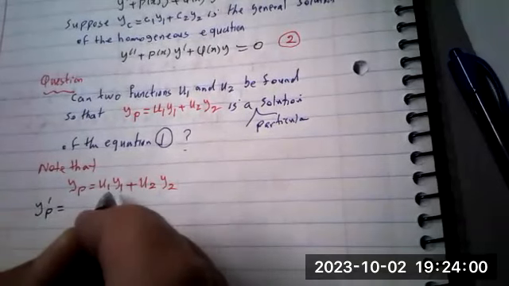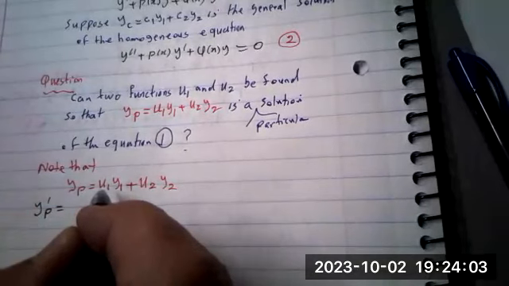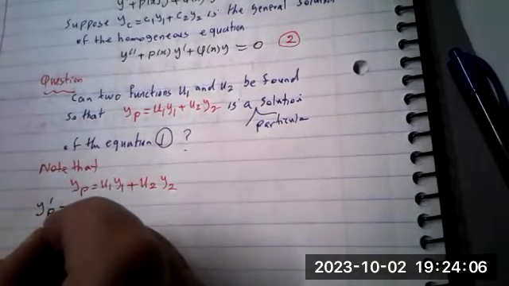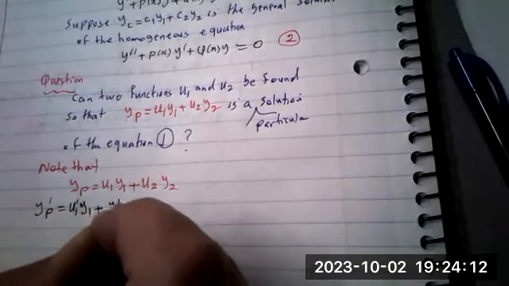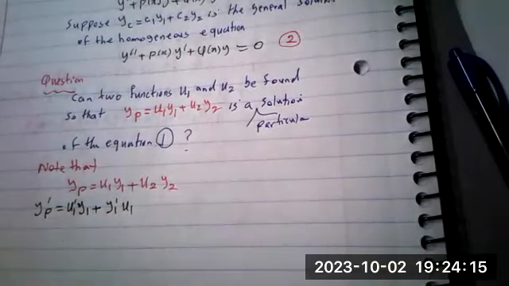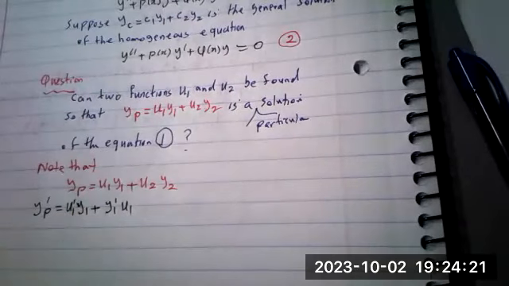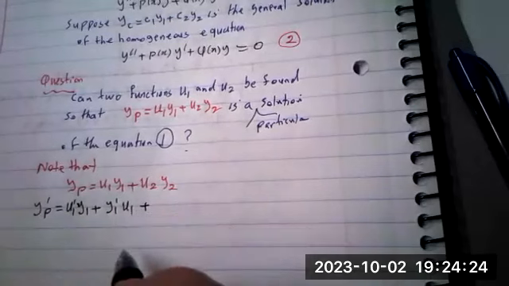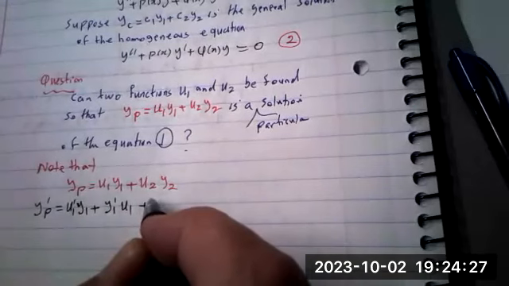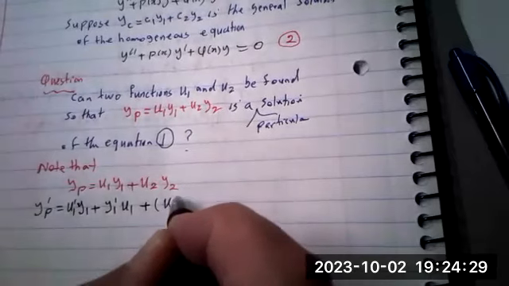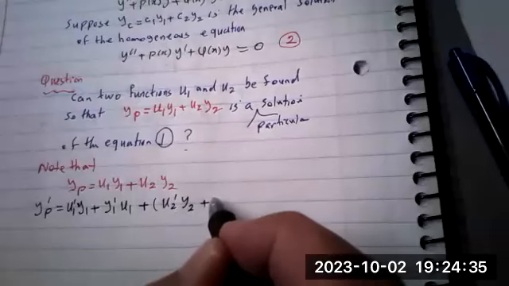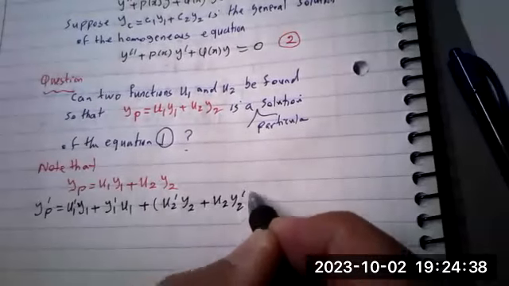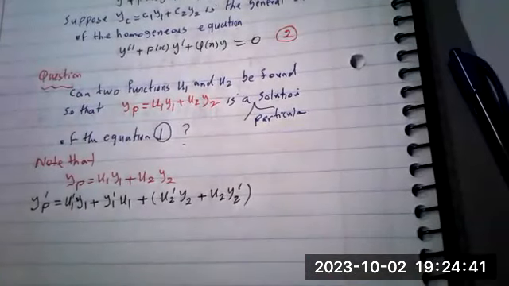Product rule: U1 prime times Y1 plus Y1 prime times U1. That's the first one. The second one: U2 prime Y2 plus U2 Y2 prime. That's going to be Y prime.